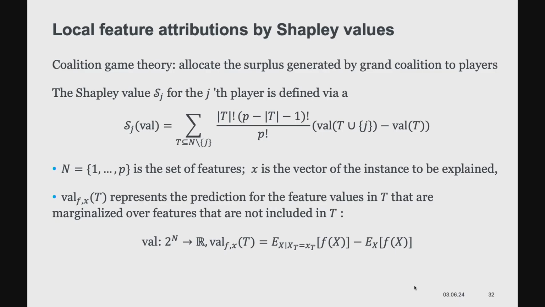Now, what you saw already with MDI and MDA is that we are interested in the contribution of attributes or features. Sometimes attributes and features, by the way, are the same thing, right? When I use an attribute as it is given directly, sometimes I take an attribute and modify it, I normalize it, for example, or I rescale it.